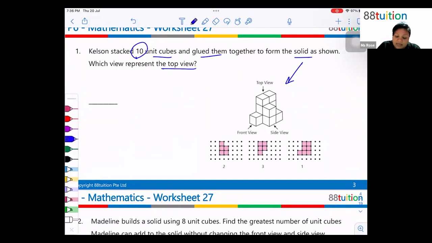Always remember, when they ask for the top view, it must always be from the front. So that means it is the top view from the front.